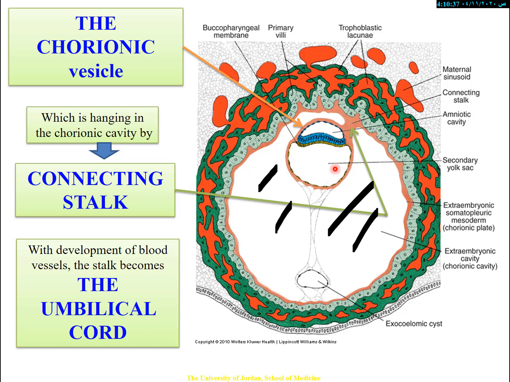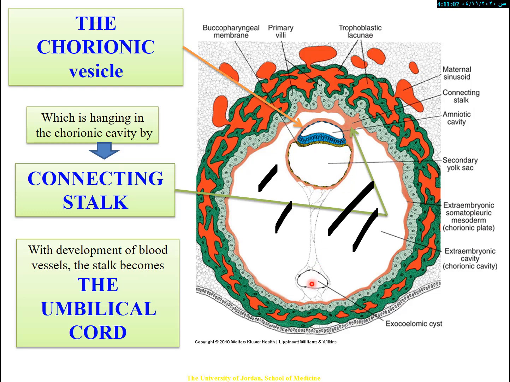Now, if you look at this drawing, you would understand that the extraembryonic mesoderm has formed something we call the connecting stalk, and this would be the future umbilical cord, and of course the whole embryo here is nothing but a chorionic vesicle.